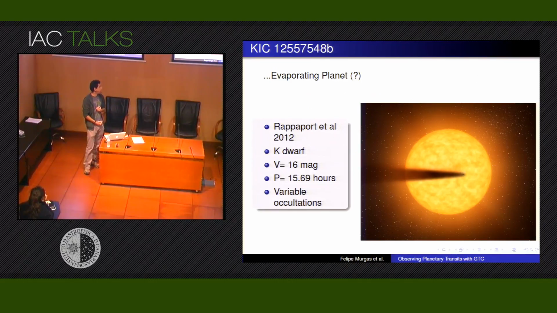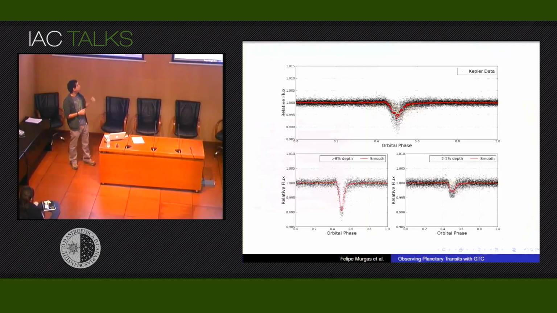You have a planetary object orbiting a K-dwarf, but the very special characteristic of this object is that more or less in each occultation, the depth of the transit varies. So here is Kepler data.